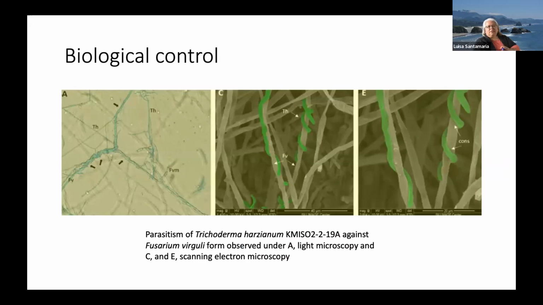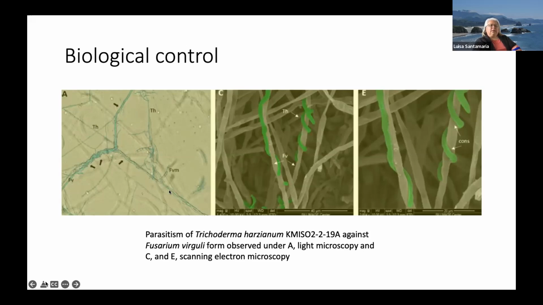a Fusarium species. So here on the left, we have a picture of a hypha of Trichoderma, TH, and here this kind of spore is a conidia from Fusarium that is germinating and starting to grow these hyphae, right?